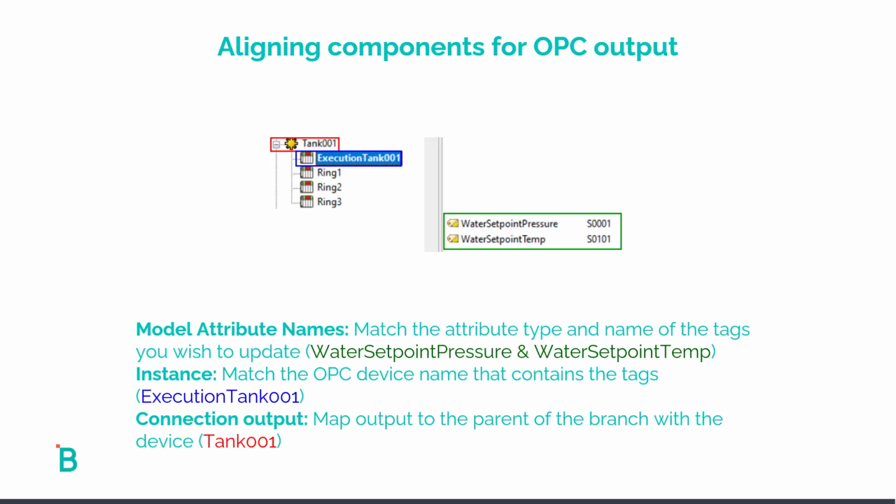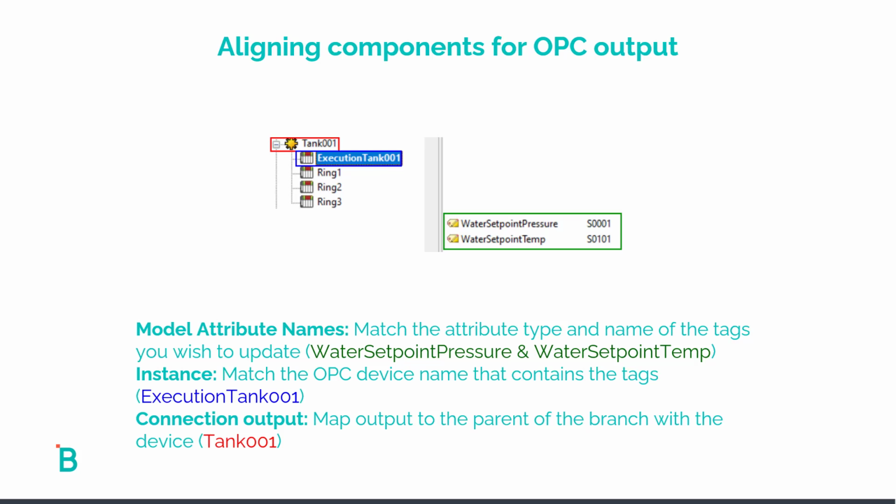Before we hop into the demonstration, let's talk about some important alignments that need to be in place for the OPC output. First, the tags you're looking to update need to match identically, both case and attribute type, to your model attribute names in HighByte's Intelligence Hub. Second, your instance name in the Intelligence Hub needs to match the device that contains the tags.